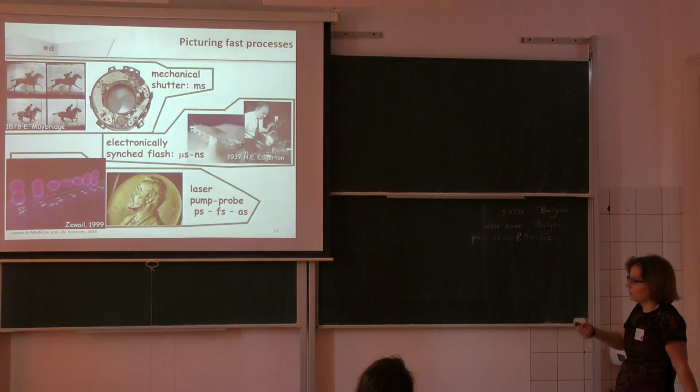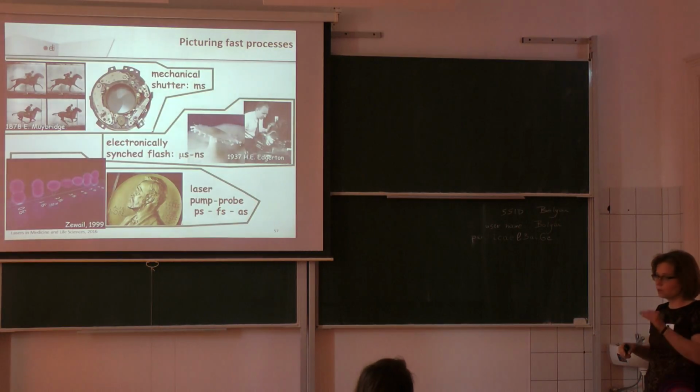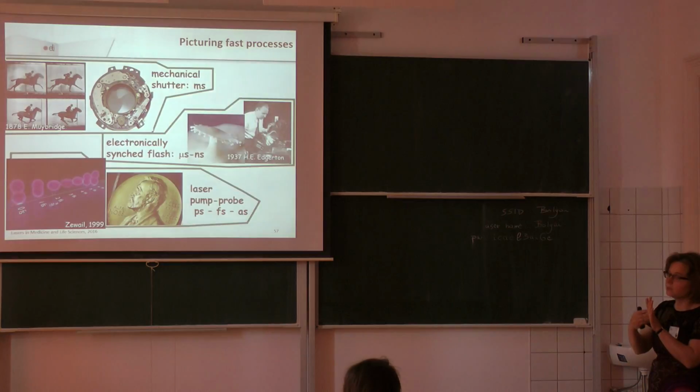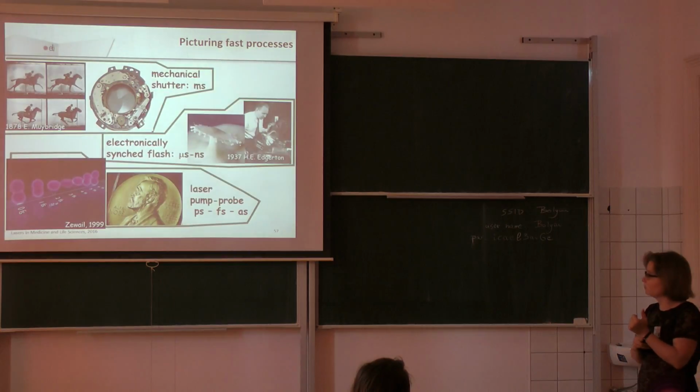Somewhat quicker events, like the formation of the structure when a drop of milk is dropped onto a liquid surface, can be studied by an electronically synchronized flash. So what you do, you keep your detector open all the time, because this quick you cannot open and close something mechanically.